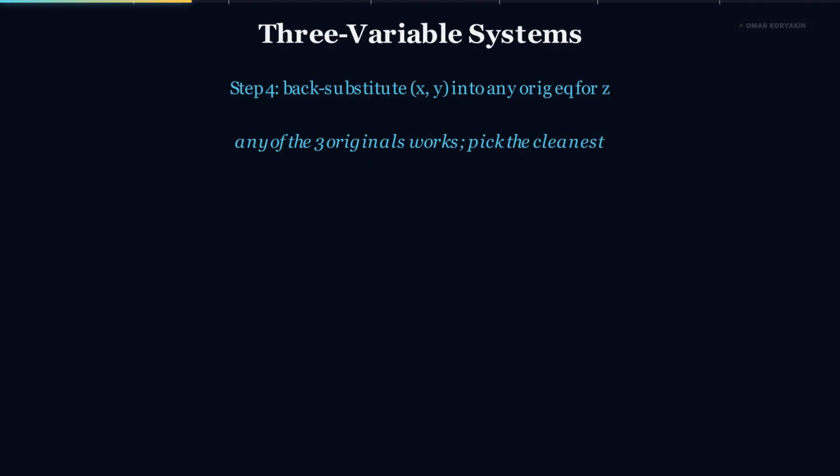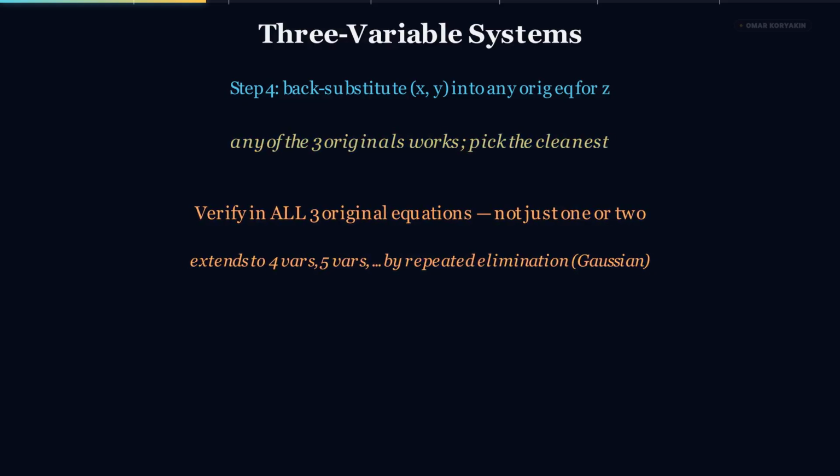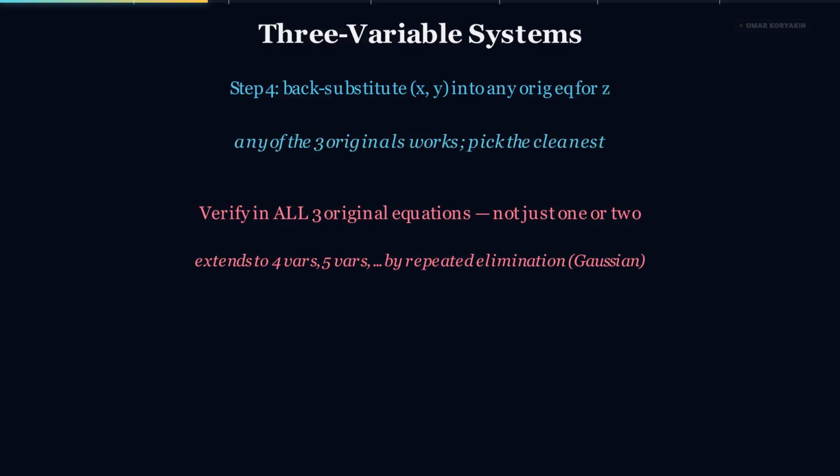Step 3 is to solve the 2-variable system using substitution or elimination as appropriate. Apply the decision rule from Lesson 4 to choose the better method. The solved values are 2 of the 3 original variables, leaving 1 still to find. Step 4 is to back substitute the 2 solved values into any of the original 3 equations to find the 3rd variable.